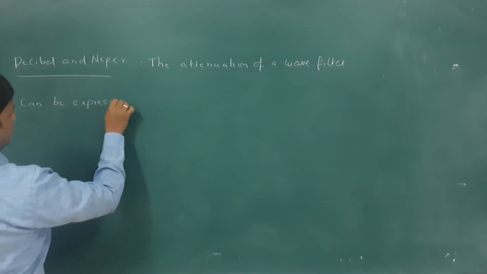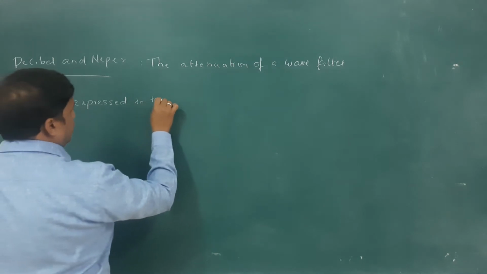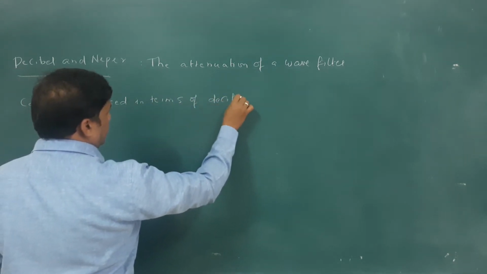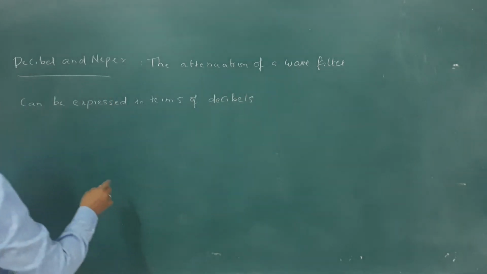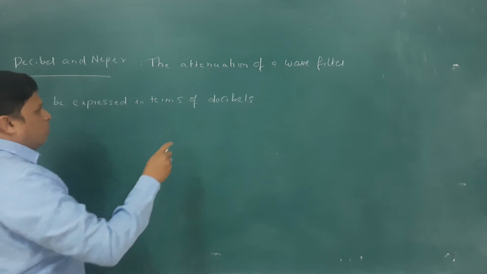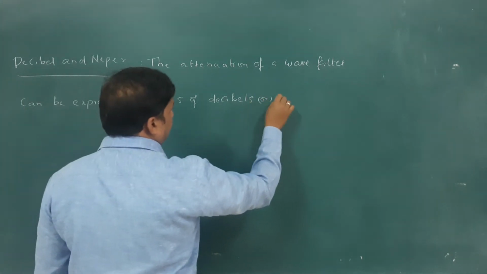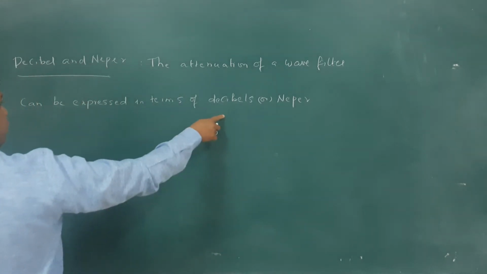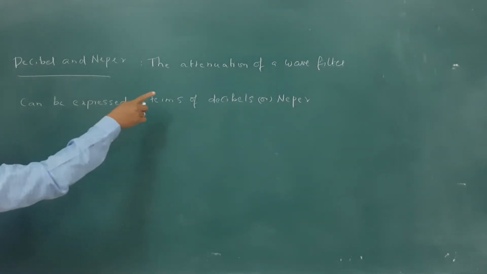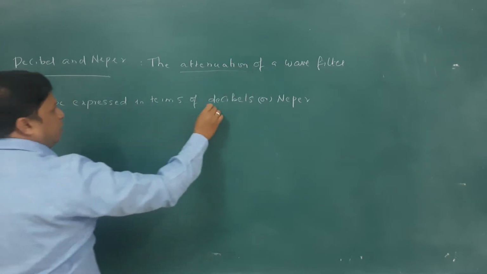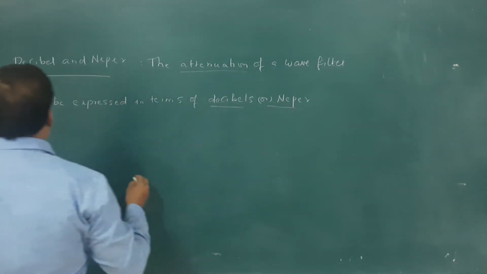If it is expressed in terms of decibels, then we can define the Neper also. These two are the terms in which we express this particular attenuation. Attenuation is expressed in terms of decibel or Neper.